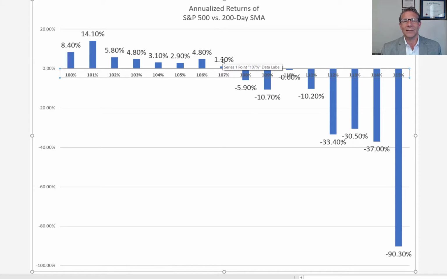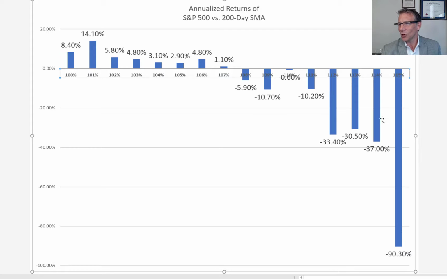Now, I wouldn't say sell out of the S&P when you start getting above the 200-day moving average, because long-term momentum works. You don't want to keep trading these stock prices. But as you start getting higher, and I'm sorry you can't see this number, this is 108, 109, 110, 111, 112, 113, 114, 115, you start getting average daily returns that have negative annualized returns in the 30% range.